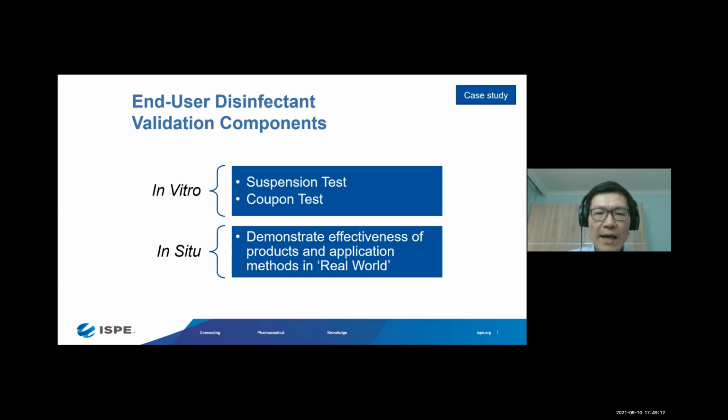These worst case events can involve things like the cleanroom startup or after the production activities, and even microbial excursion events in the cleanroom.